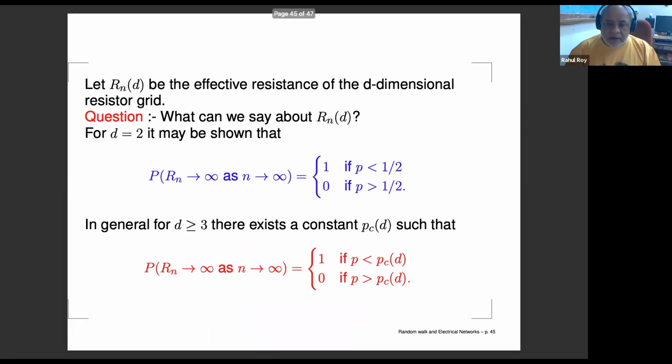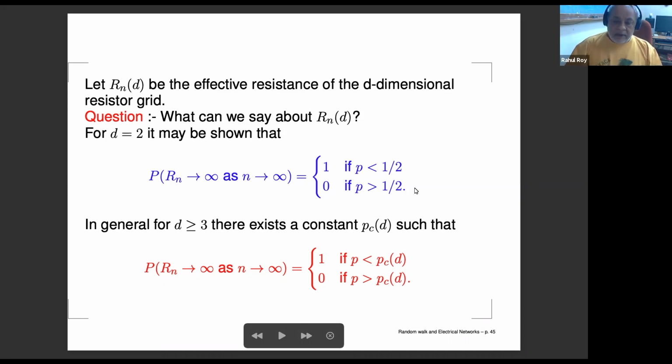The question now is, let R_n,d be the effective resistance of the d-dimensional resistor. What can we say about R_n,d? What we can show is that for d equal to 2, the probability of R_n going to infinity as n goes to infinity is 1 if p is less than half, and it's 0 if p is bigger than half.